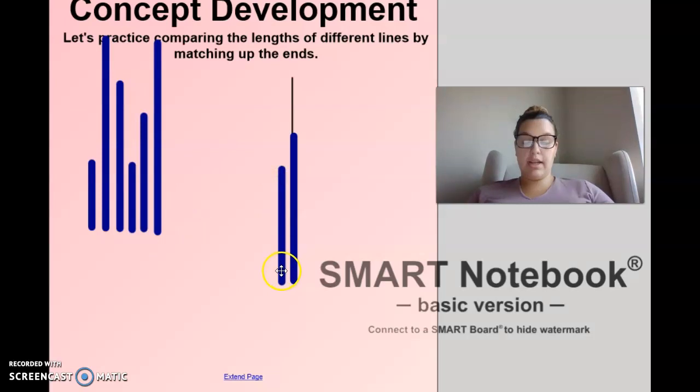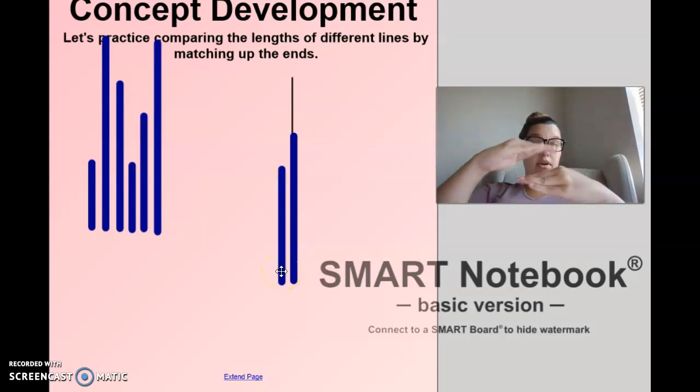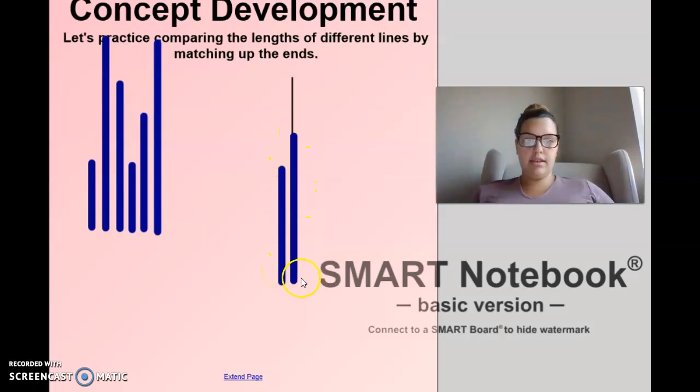Is this string on the left shorter or taller than this string? Where do I have more room? And this one, so this one's taller. So this string is shorter than this string.